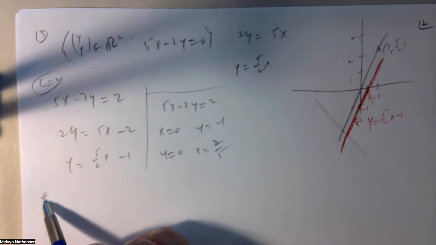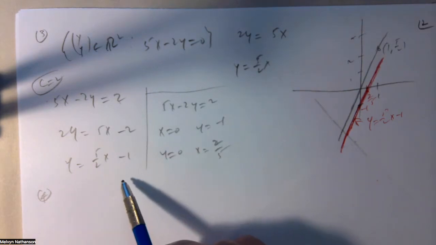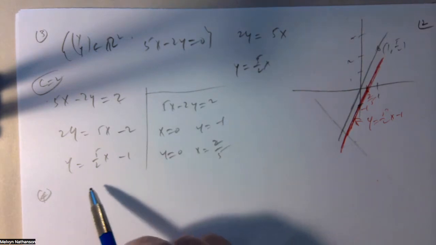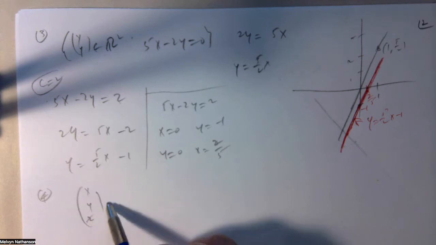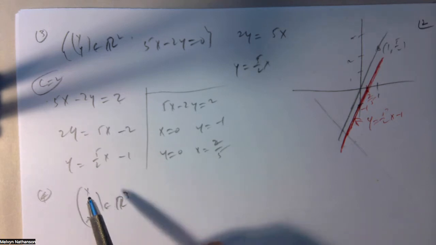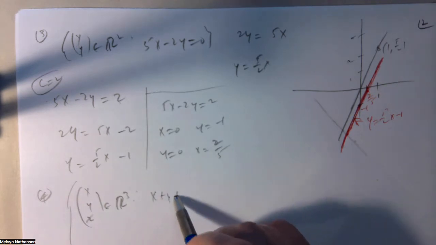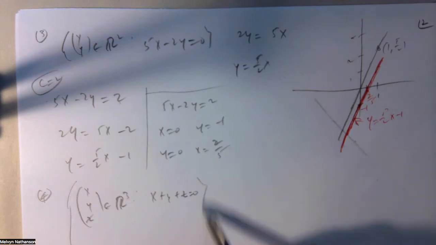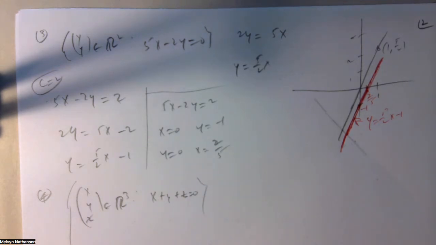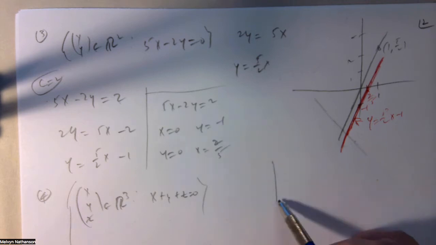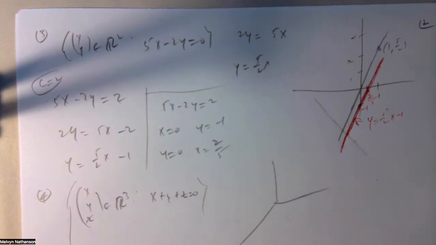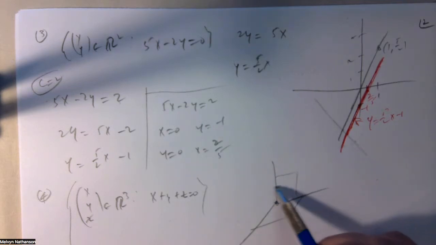Problem 4 is an exercise in artistic skill. If you look at all the vectors in 3 space that satisfy the equation x plus y plus z equals 0, well, you're asking to draw a 3-dimensional object on a piece of paper, which is practically impossible. So you can say, well, of course, it goes through 0, 0, 0, but just try and imagine it.